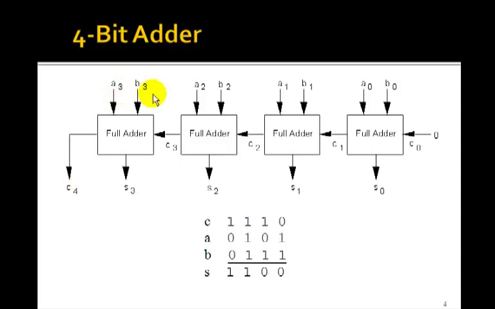So the inputs will be A and B, and the outputs will be S and the carry out, and we'll also compute the overflow. You remember that was the exclusive OR of the carry C3 and C4 in this case, and we'll need a signal for these internal signals C1, C2, C3.